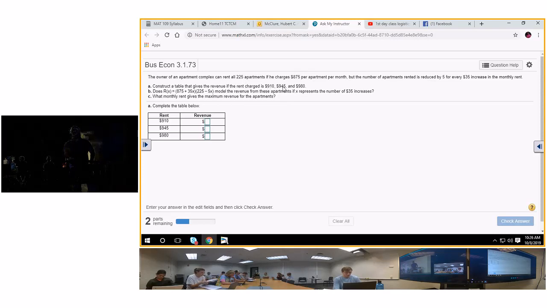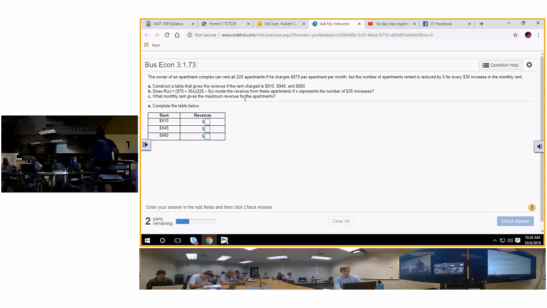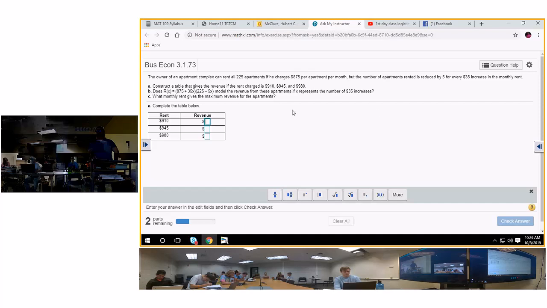That's going to be what? 215 and 210. Okay, whatever. I can understand the next question because they want you to do a quadratic, but I don't understand this. But anyway, 215 and 210.